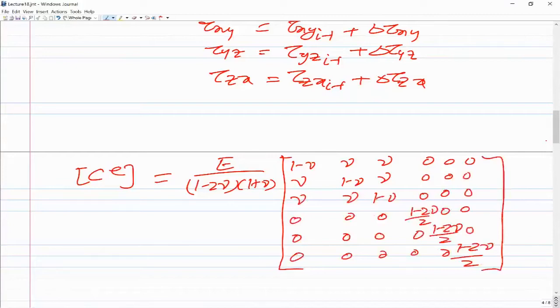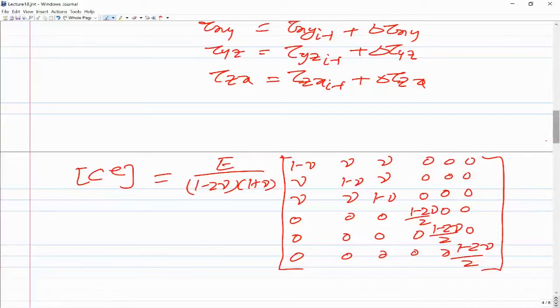Sir, are we doing this for isotropic hardening, like this evaluation? No, not really. We are only saying that the linear elastic behavior is isotropic, but it could be either isotropic hardening or kinematic hardening. So we are not saying anything about that.